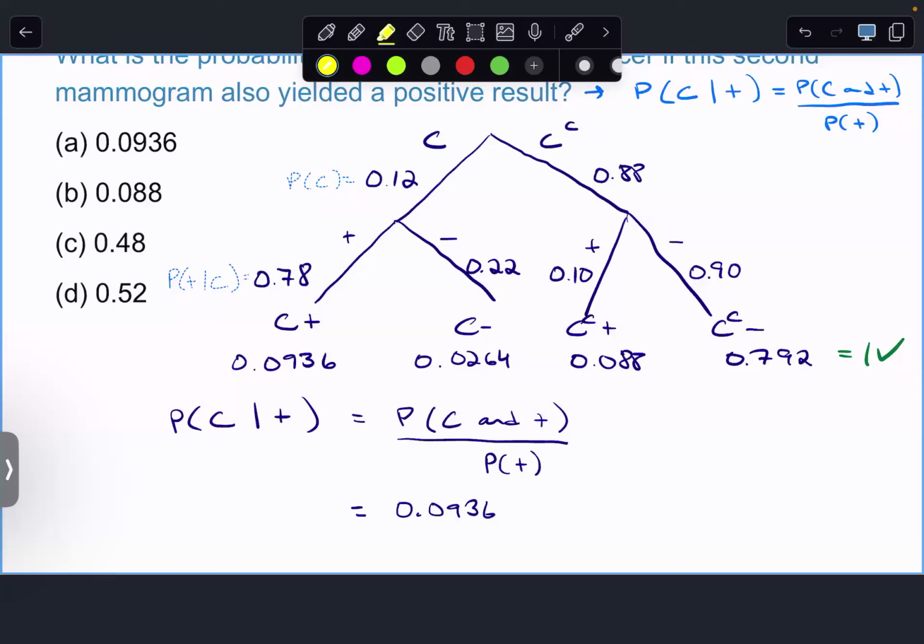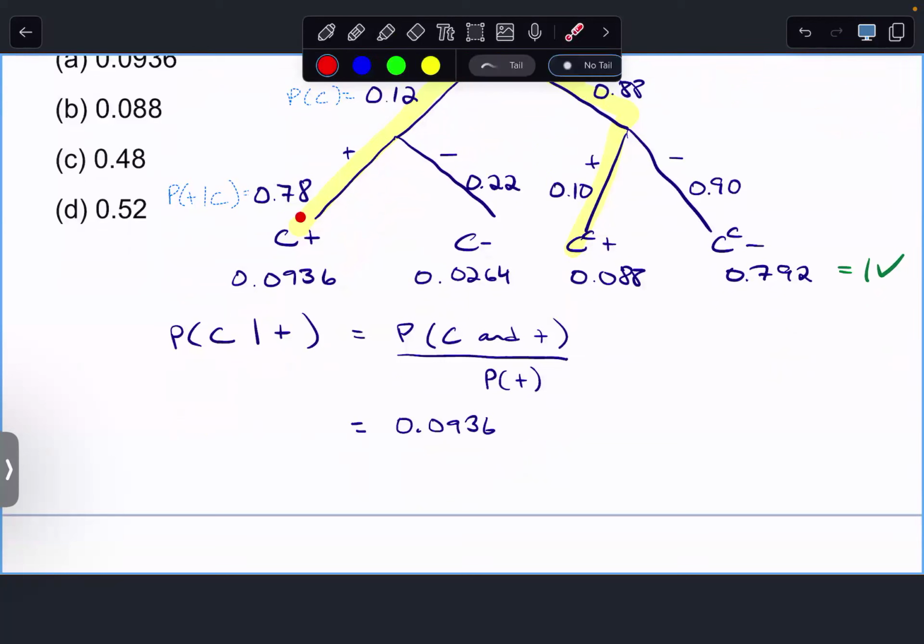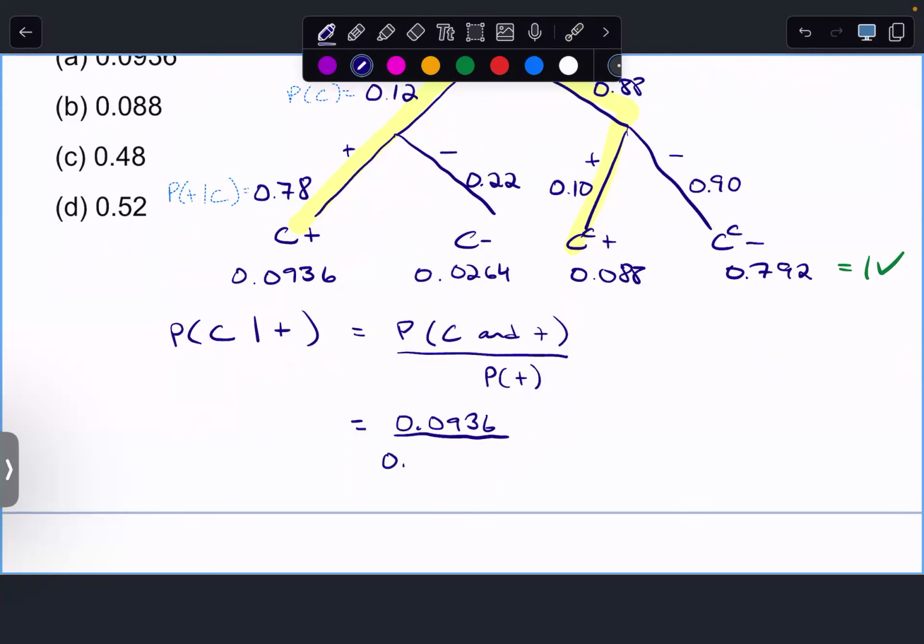But the positive happens down this branch, but also down this branch. It's the same thing that we did earlier, but it doesn't hurt to see it again, right? And so this branch or this branch is the probability of a positive, right? And so what we're going to do is divide this by 0.0936 plus 0.088.